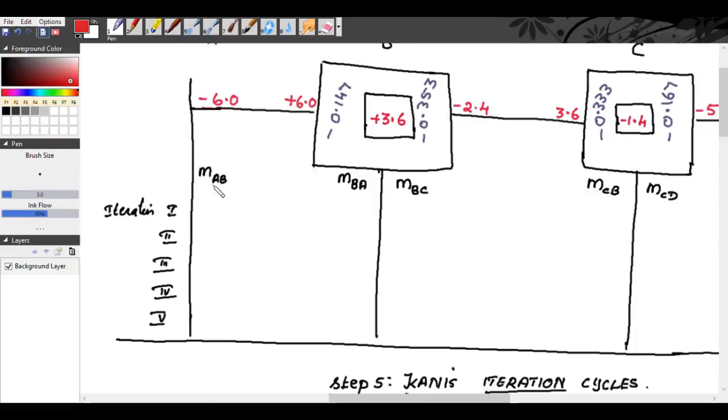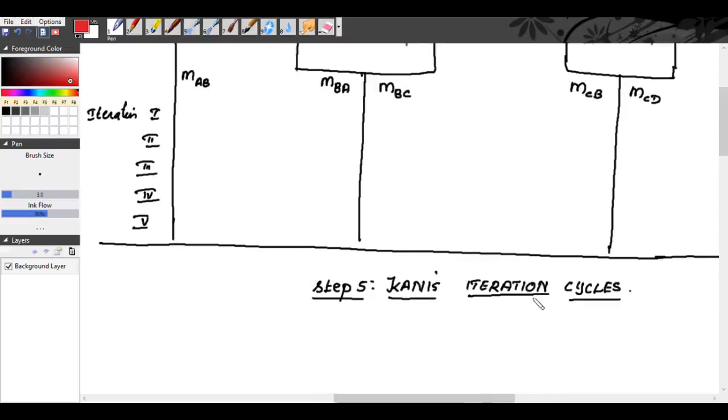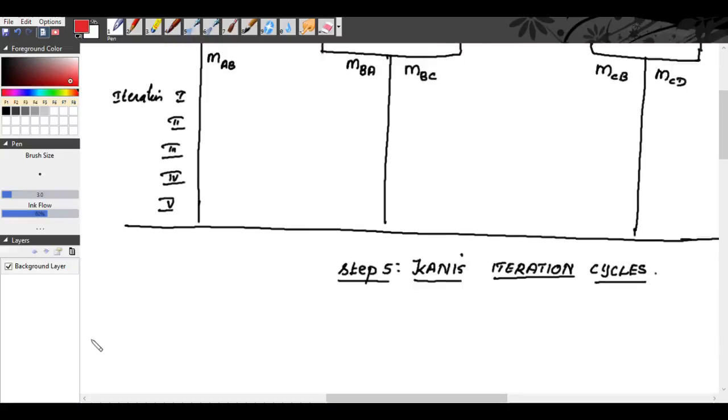Now, how will we find these rotational contributions, small MAB, MBA, MBC? First of all, for the first iteration, that is cycle 1, iteration 1, that is step 5, Kani's iteration cycles.